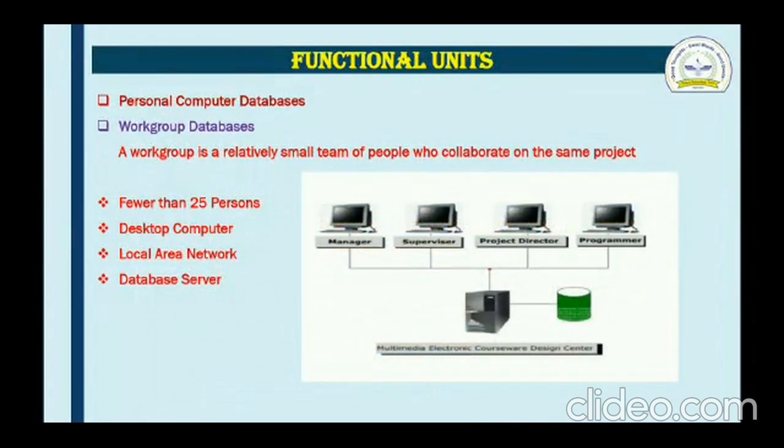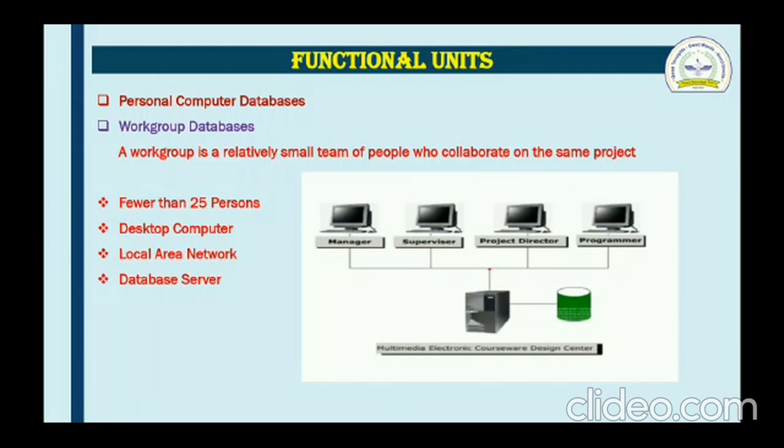Now let us discuss the second classification, that is, according to functional units. Number 1, personal computer database. The personal computer database also falls in this category without any change, as discussed in the first classification. Number 2, workgroup database. A workgroup is a relatively small team of people who collaborate on the same project or application or another group of similar applications.